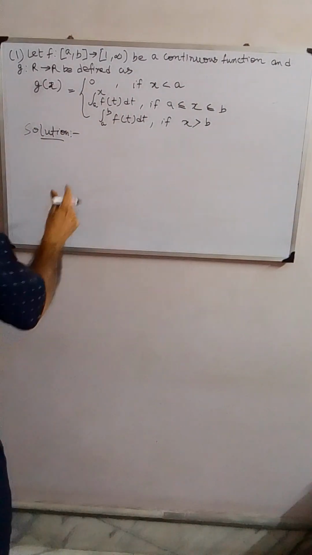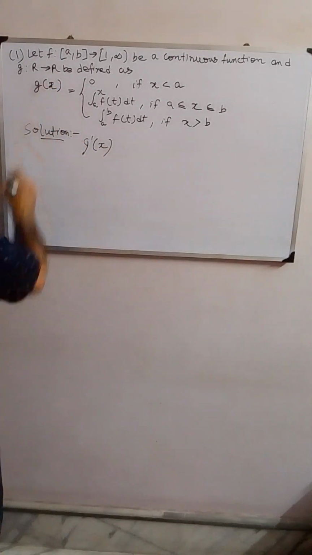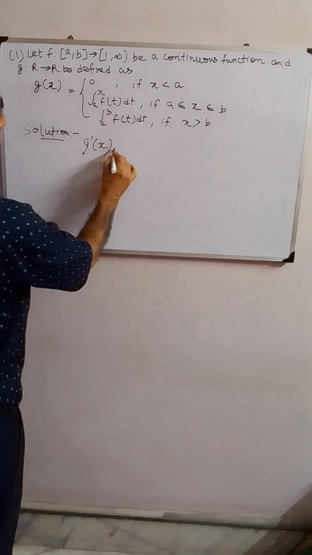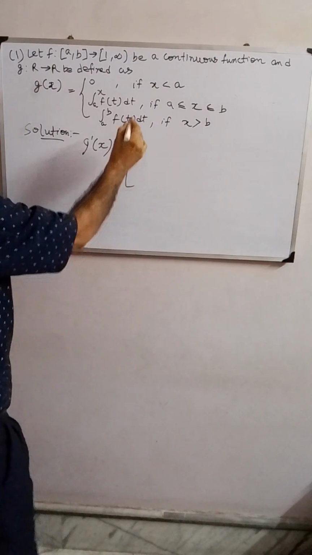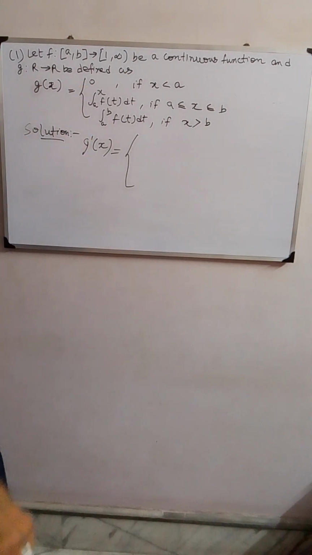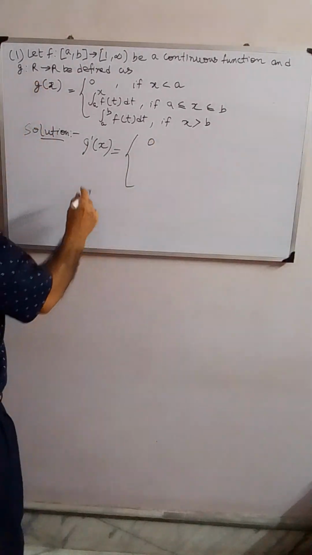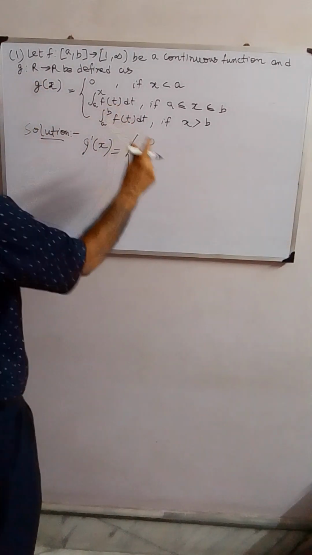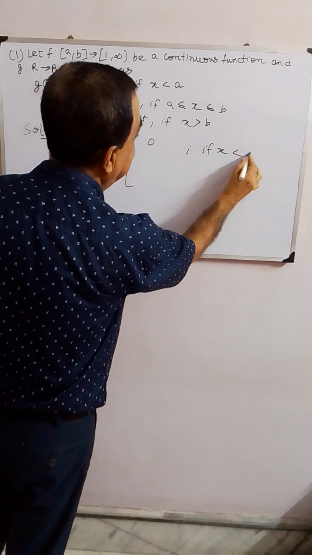Now see here, g'(x), that is d/dx of g(x) when x is less than a. So when x is less than a, g(x) is equal to 0, that is a constant function. So the differentiation of a constant function is 0. So g'(x) is equal to 0 when x is less than a.